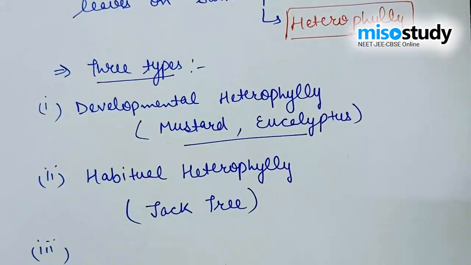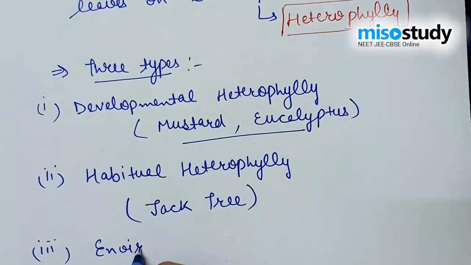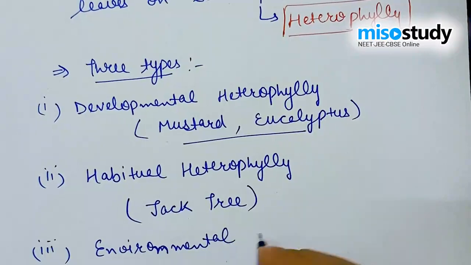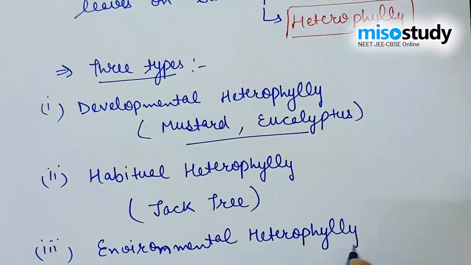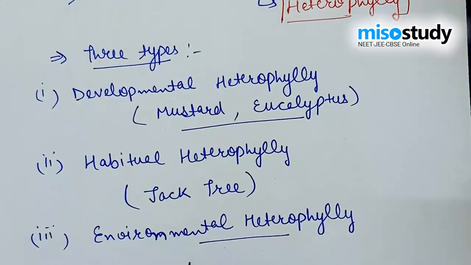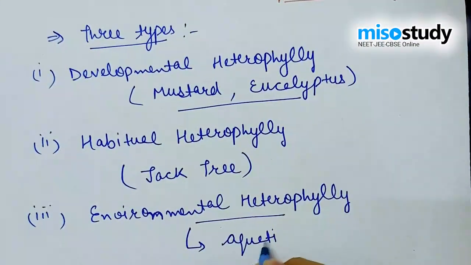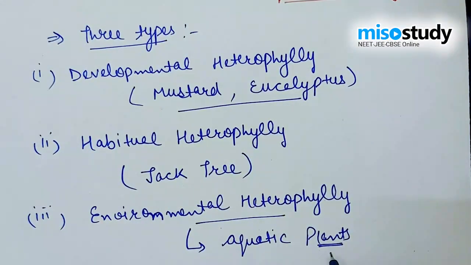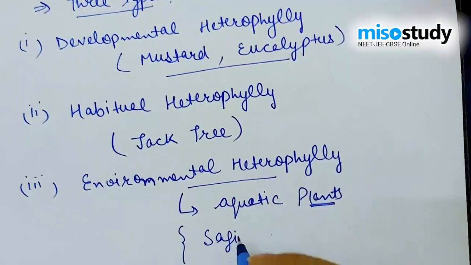The third and last type is environmental heterophylly, which is present in aquatic plants. Example: Sagittaria.